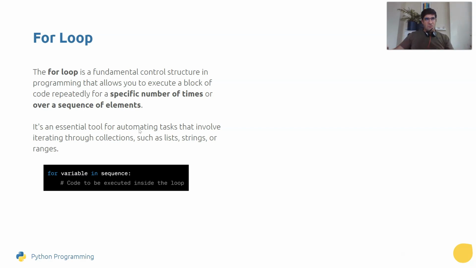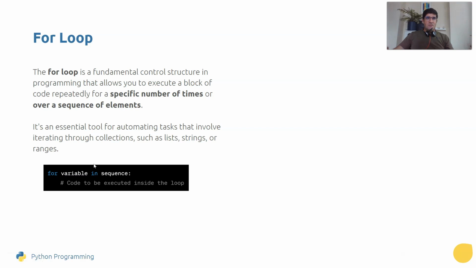It is an essential tool for automating tasks that involve iteration, especially for collection data types such as a list, string, or range, and we will look at them with multiple examples.